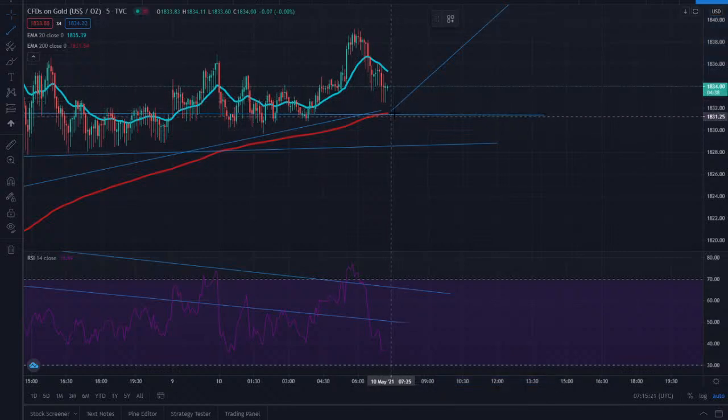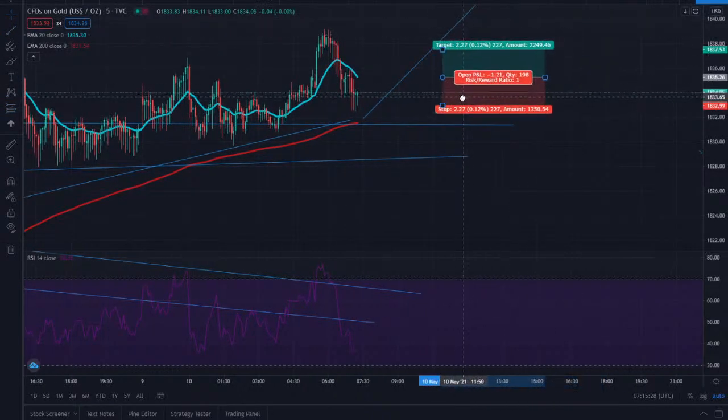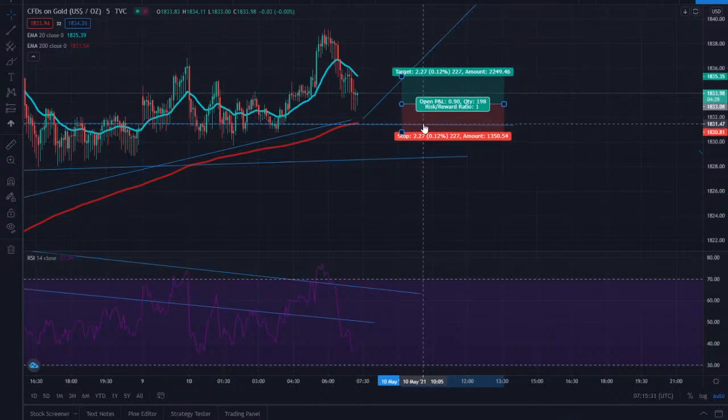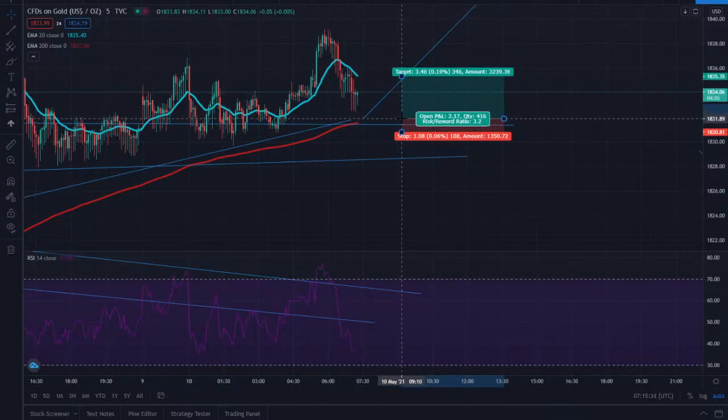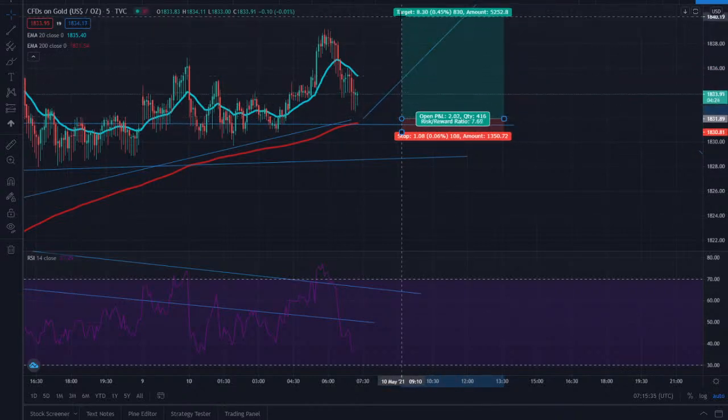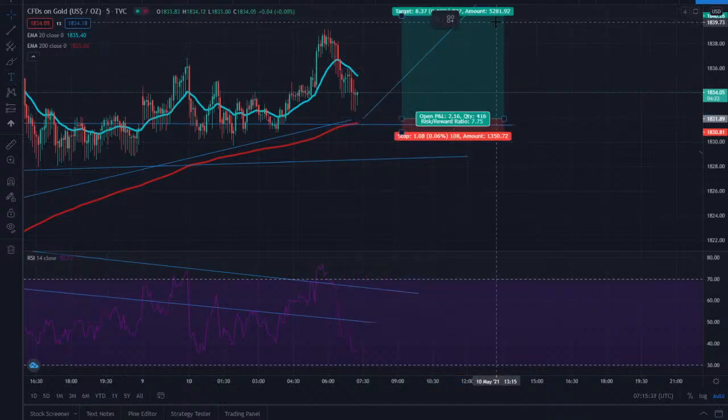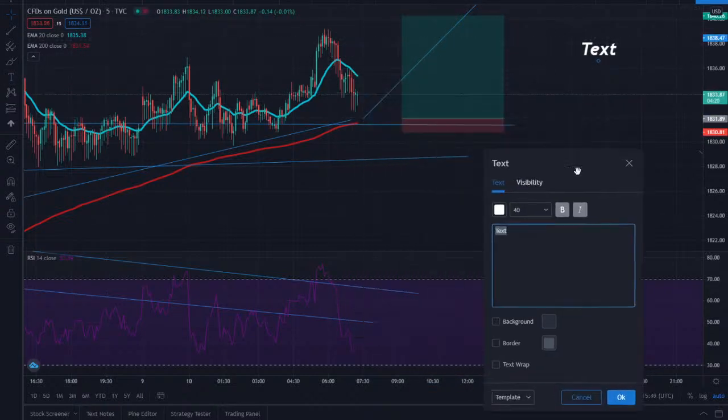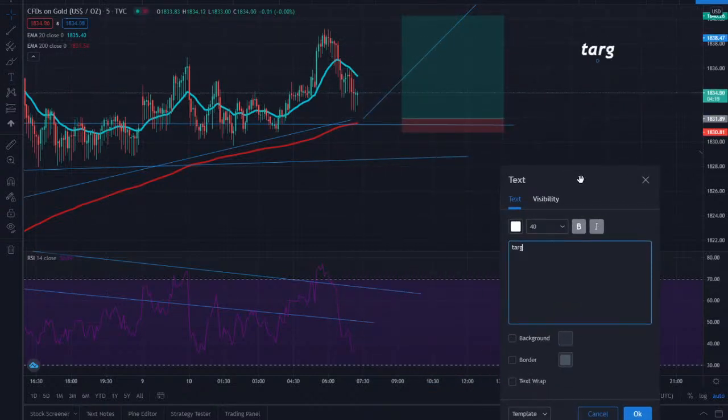If we wait a couple of minutes longer, we could enter here. Let's set up a buy strategy. Our target is 1850, or maybe the previous highs of 1842.